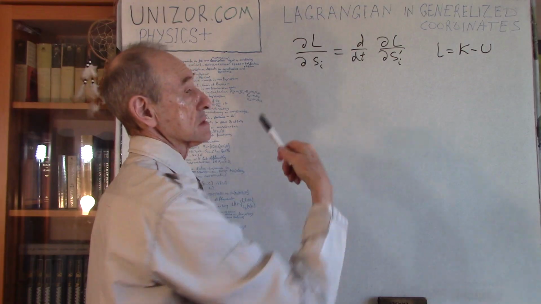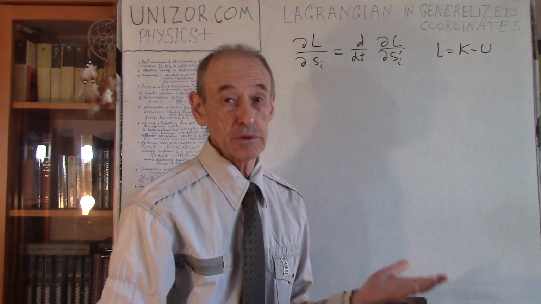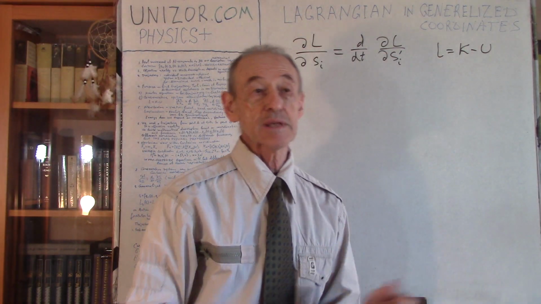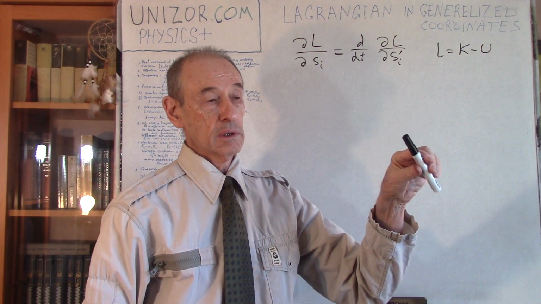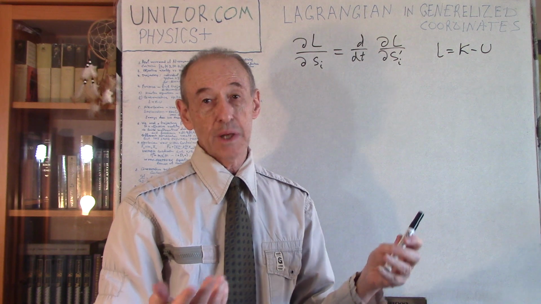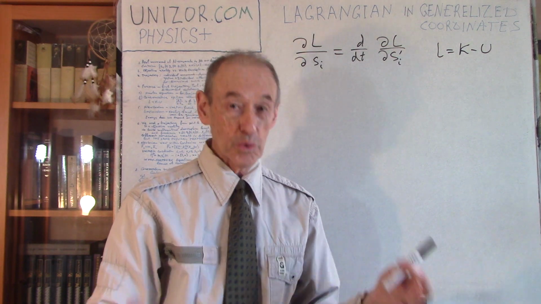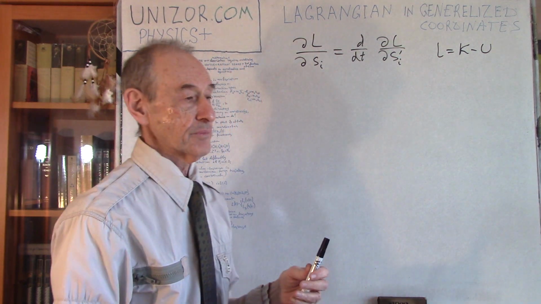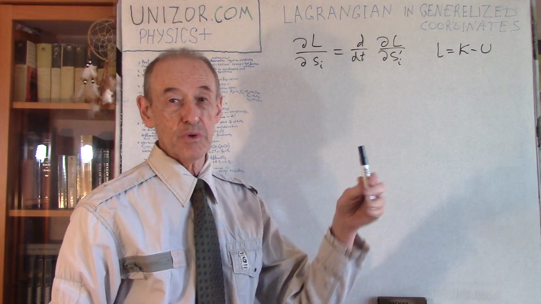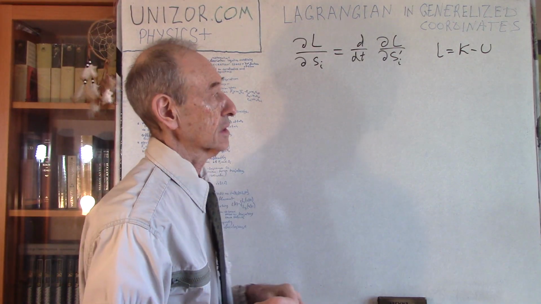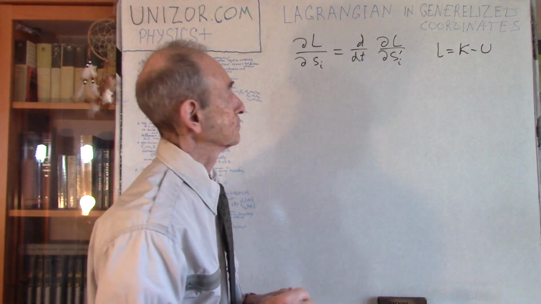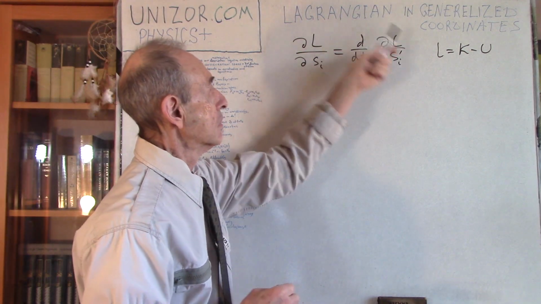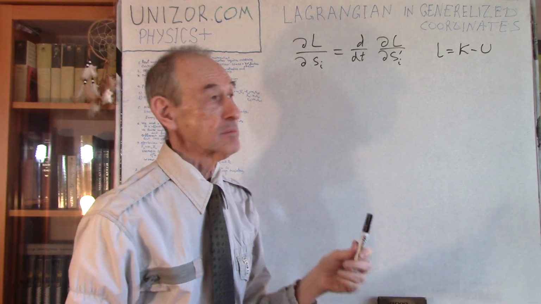Obviously s is a generalized coordinate. It can be anything. For example, if you have a pendulum, you probably have an angle as one of the parameters. Coordinates, so to speak, instead of Cartesian. Angle is much more convenient in this particular case. So in this case, s would be an angle. But the form of this equation is the same.